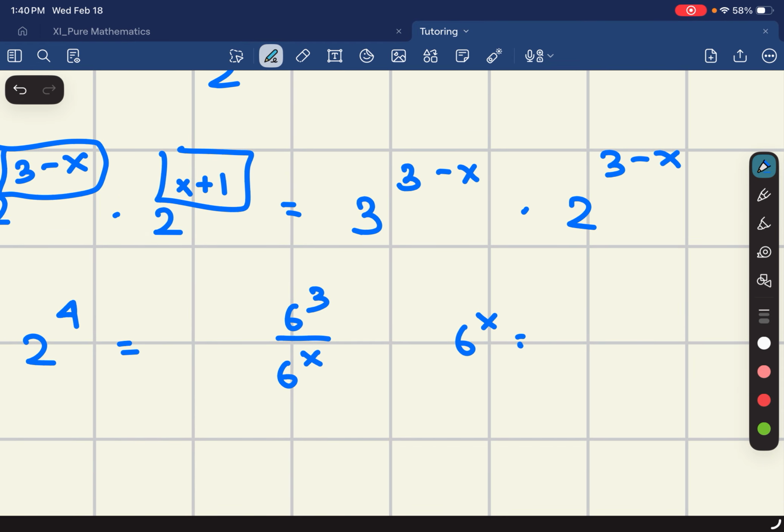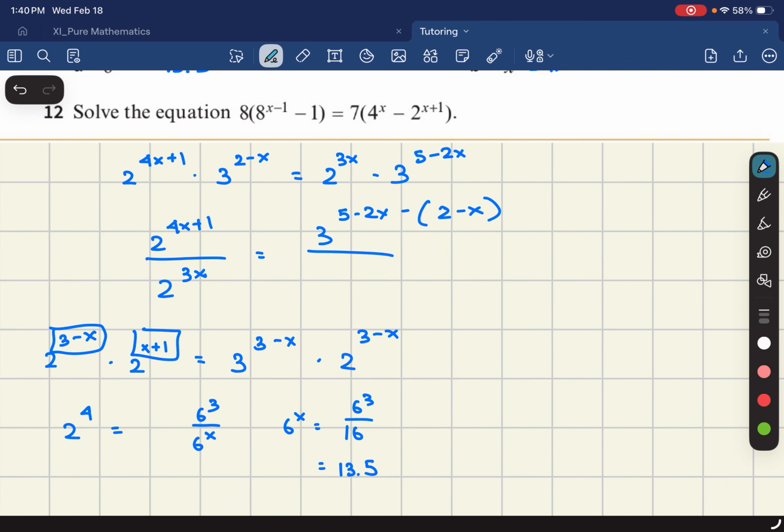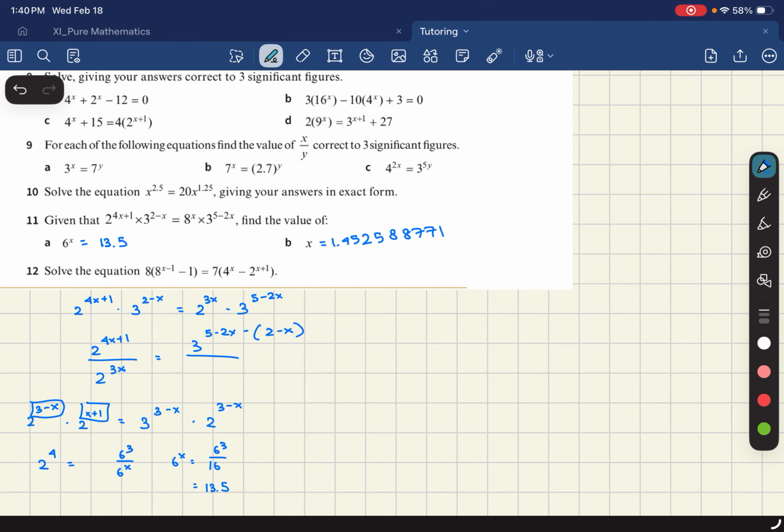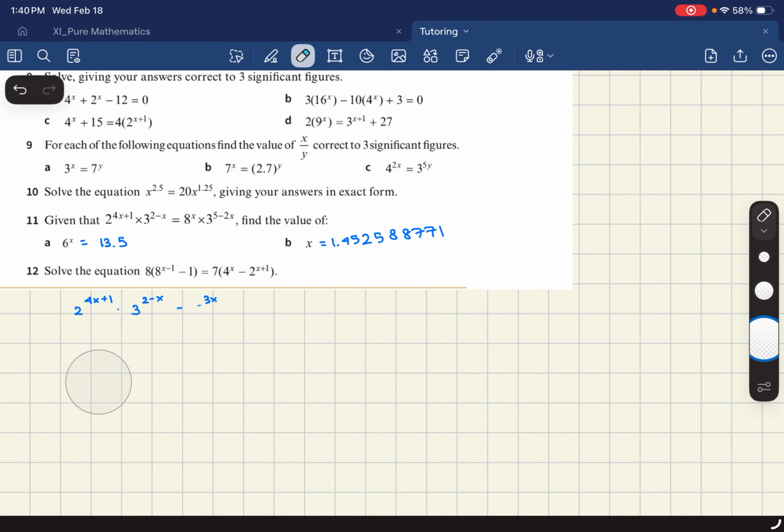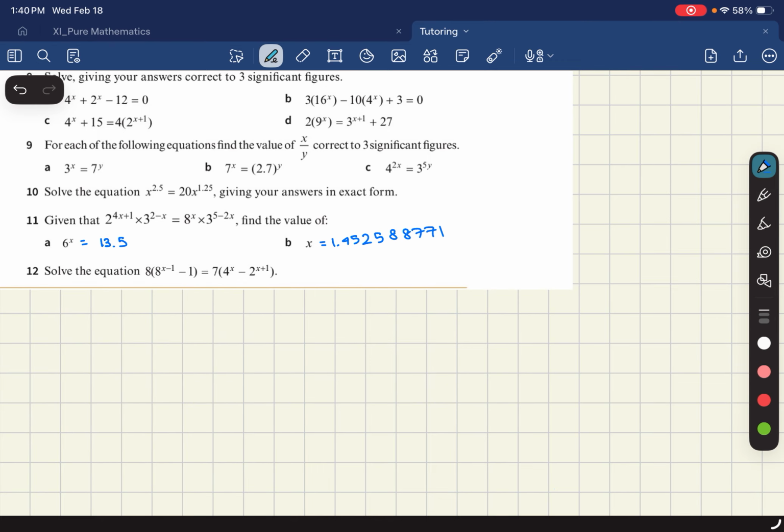So 6 to the power x is 6 cubed over 16. So if you solve 6 cubed over 16, then you get 13.5 directly. So you could have done this manipulation in between to get 13.5 directly, but the first method also works.